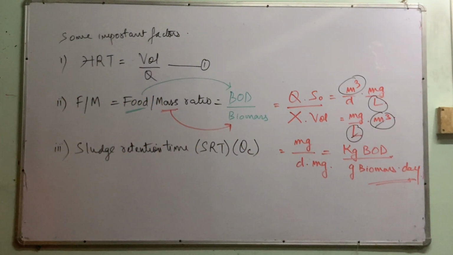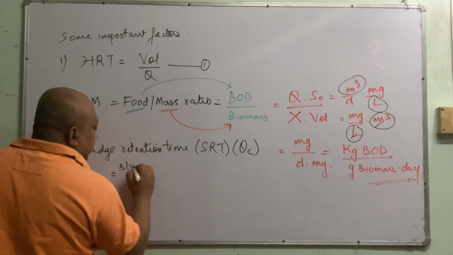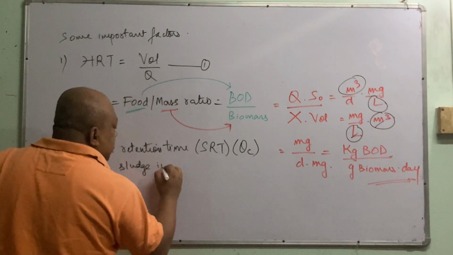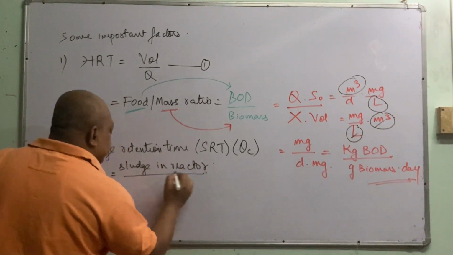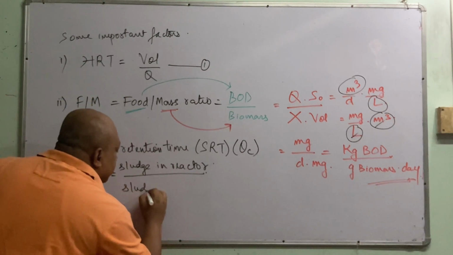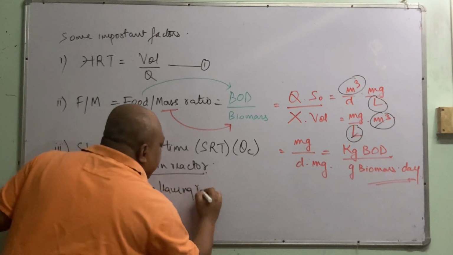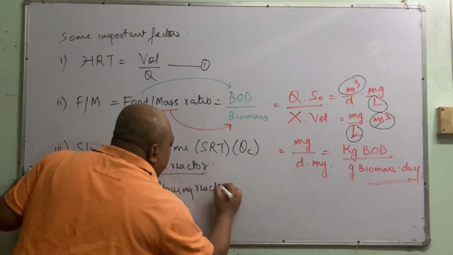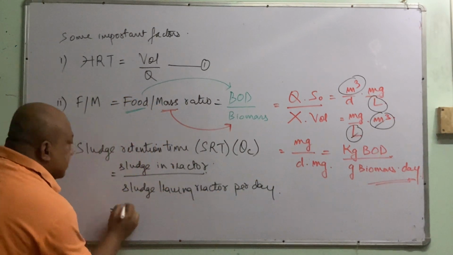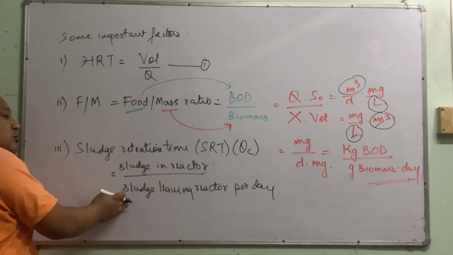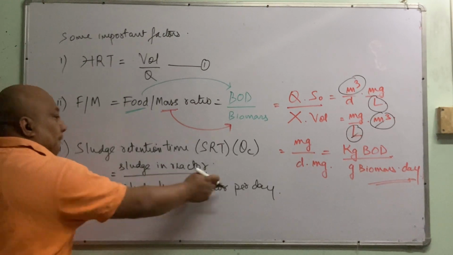This definition is given by sludge in the reactor divided by sludge leaving the reactor per day. Sludge in the reactor and sludge leaving the reactor, all our sludge, these two units will be cancelled, per day.